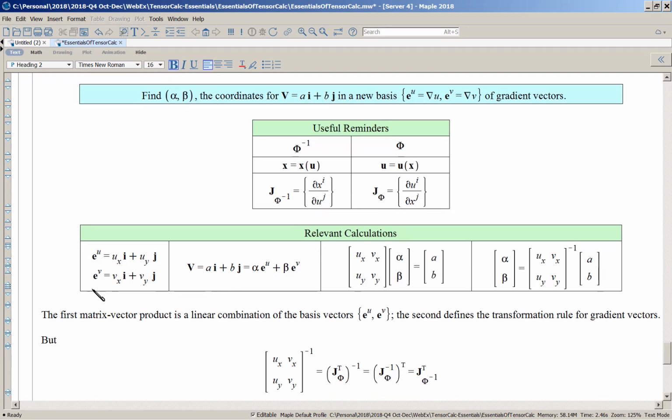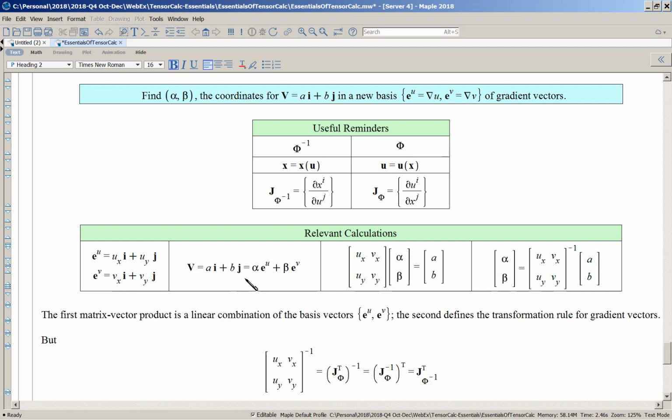What are the relevant calculations? Well, what is the gradient basis vector? dx du, dy du. The function stays the same and you need the two derivatives. The function stays the same, v, and you need the two derivatives.